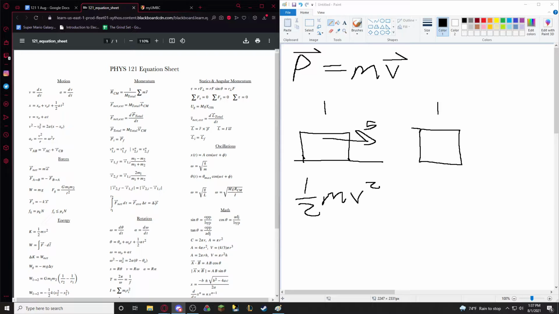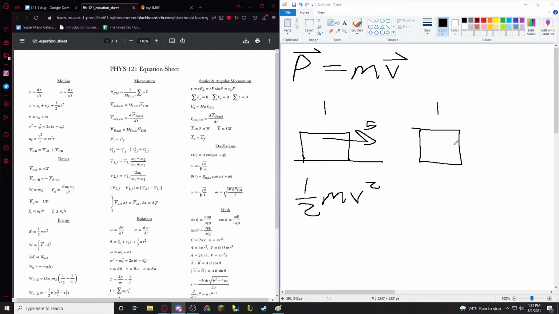So I'd say maybe they have to be coming at each other from different sides, like from opposite vectors. Well, the first block is moving. The second block is not moving initially.